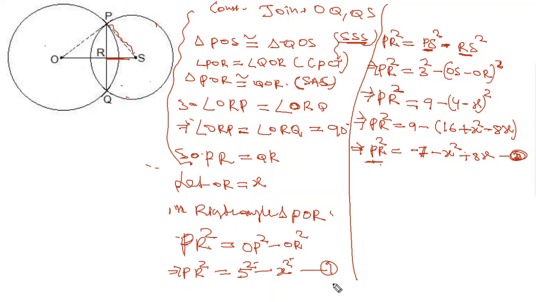You can see statement 1, PR square is 5 square minus X square. Statement 2, PR square equal to minus 7 minus X square plus 8X. Both statements have equal LHS, so the RHS will be equal.